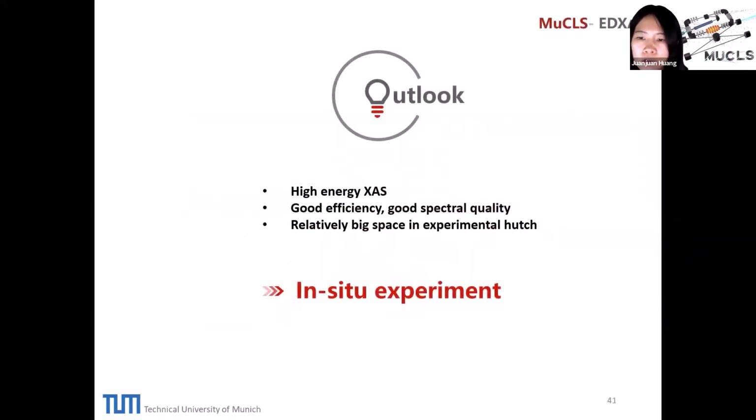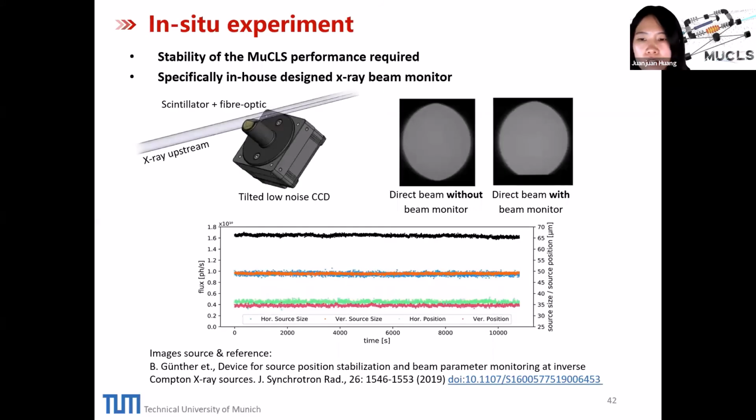Due to these advantages, one of the potentials is that this can be applied to in situ experiments where big operating space is required. In addition, for in situ experiments, stability of the X-rays is required. The stability is controlled by a specifically designed X-ray beam monitor.